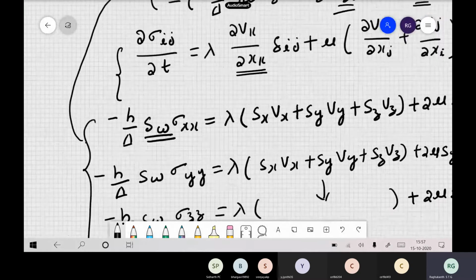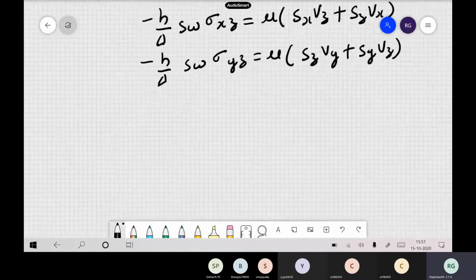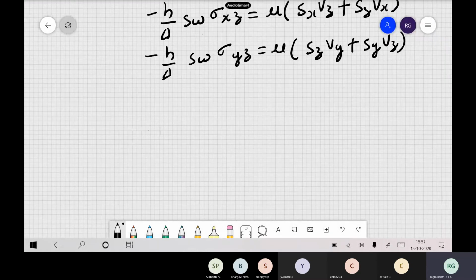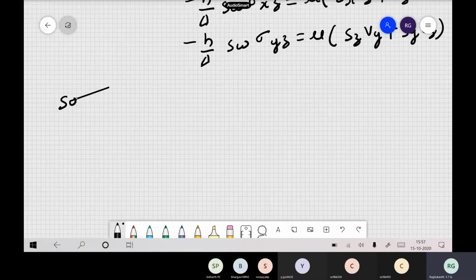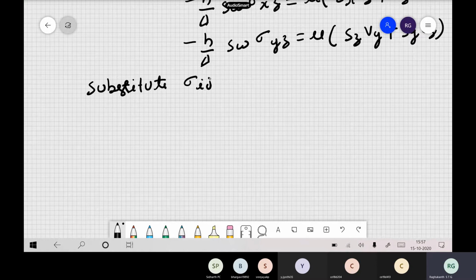Finally these 9 equations can be clubbed into simply 3 equations. So you combine all of them, substituting the stresses σij in the velocity equations.